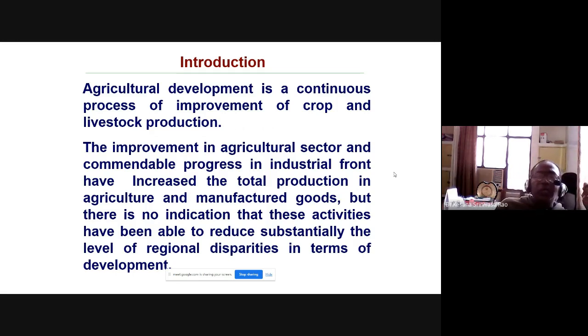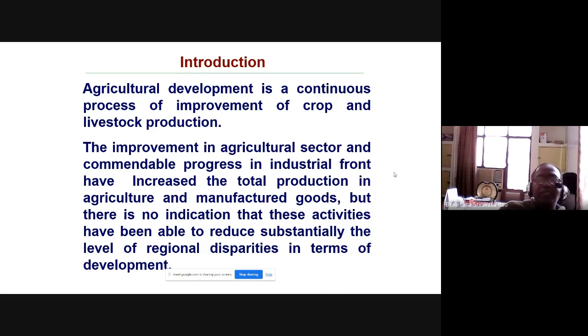Now, how did agriculture development start? Agriculture development is a continuous process of improvement of crop and livestock production. This is one of the most important aspects we have to understand: improvement of crop and livestock production are the two major components of agriculture development.